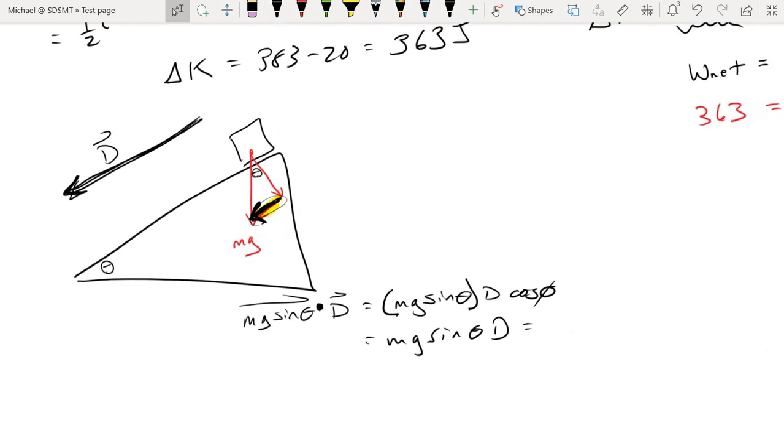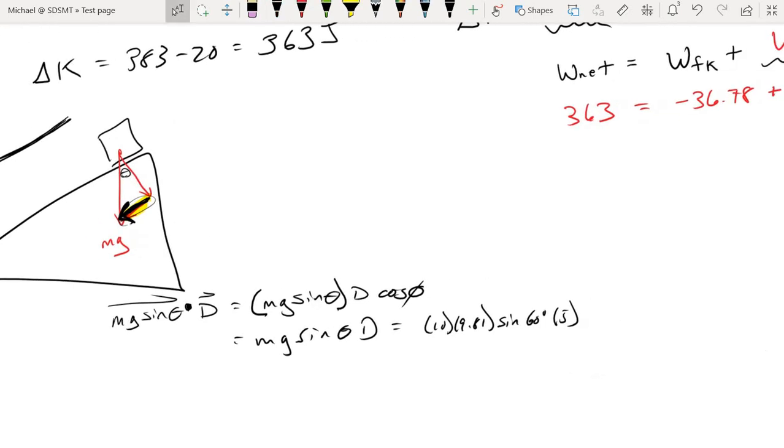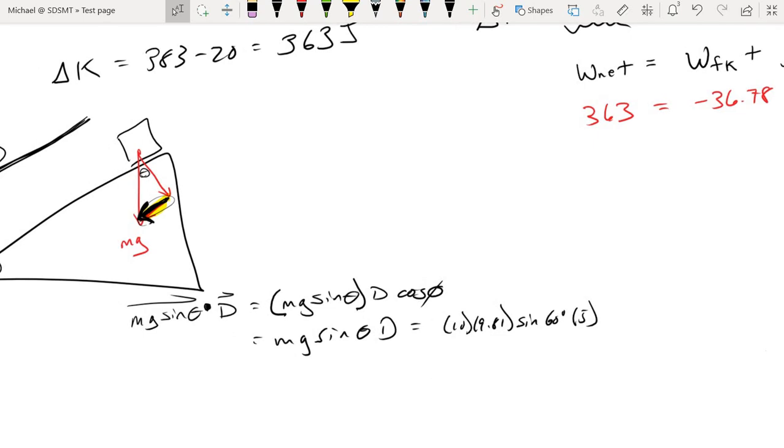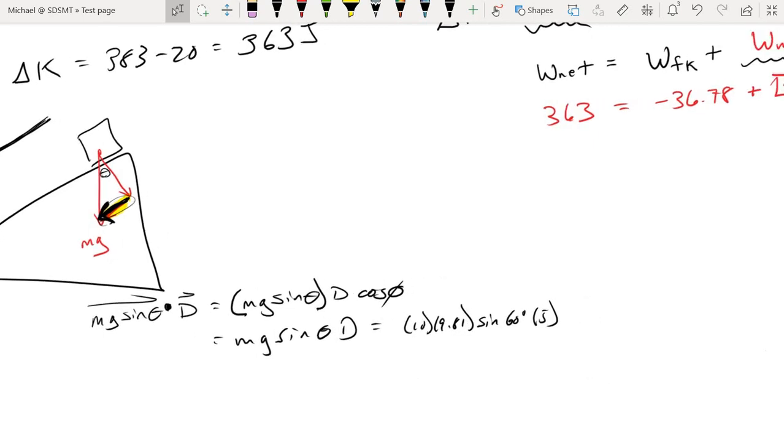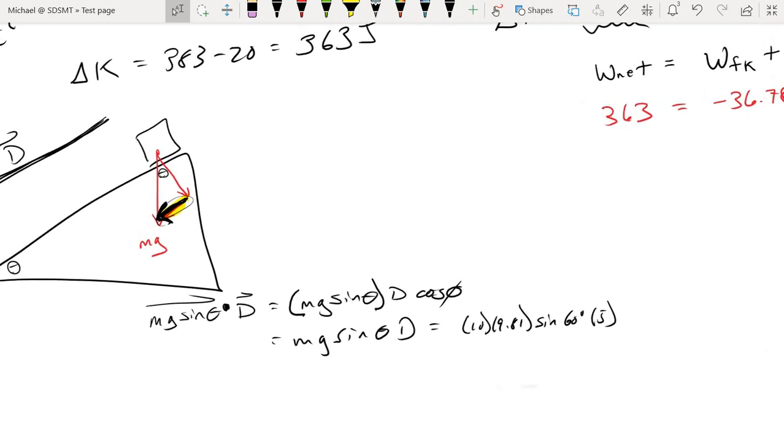Okay, let's see what we get. We get 10, 9.8, sine of 60 times 5, and it looks like I've got a little bit of a rounding error here, but I'm getting pretty close to 400.